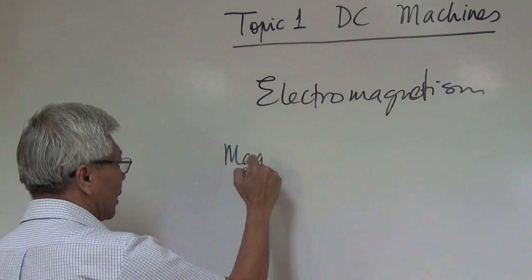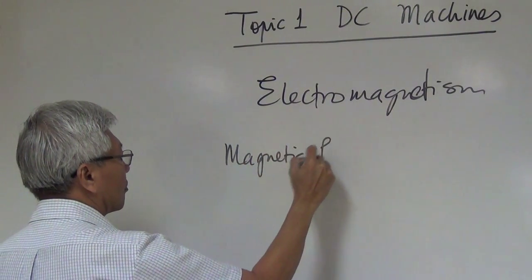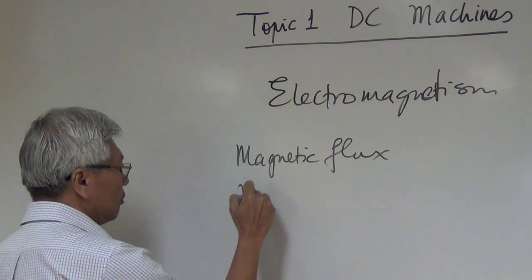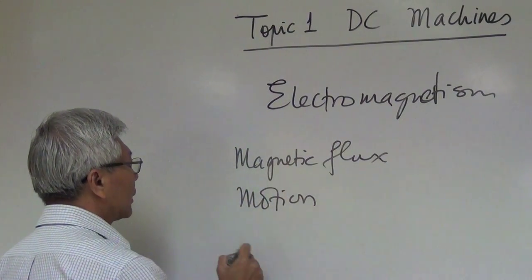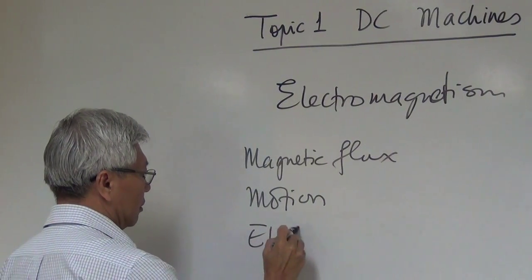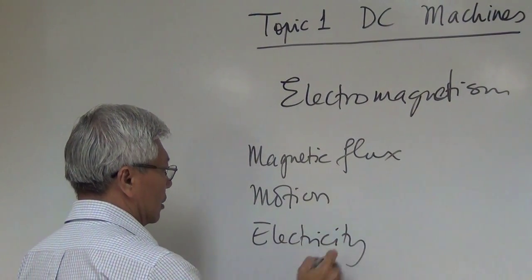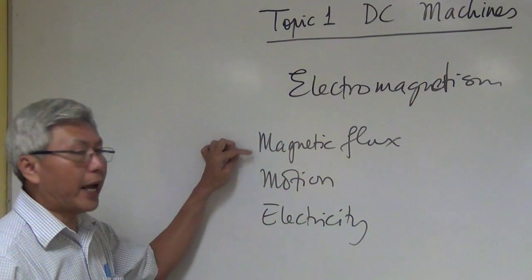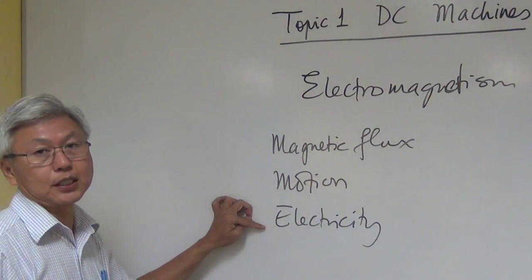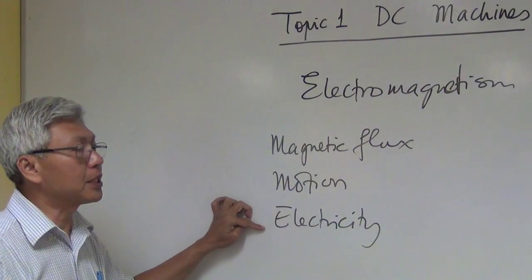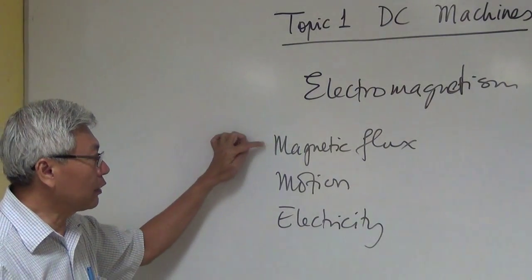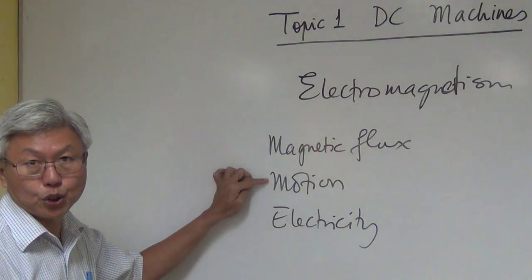Magnetic flux, motion, and electricity. If magnetic flux reacts with motion, it will give you electricity, and that is the working principle of generator. Whereas for motor, magnetic flux with electricity will give you motion.